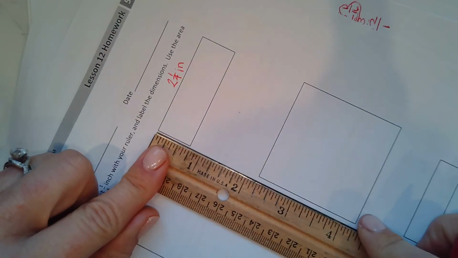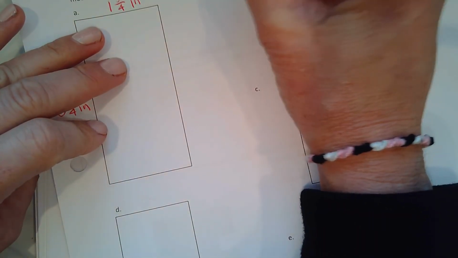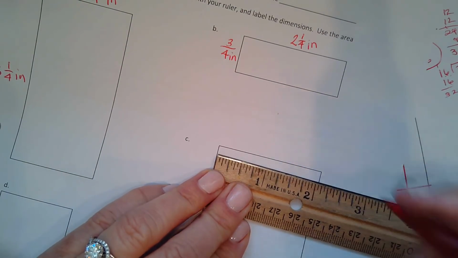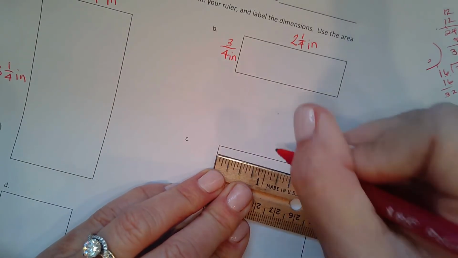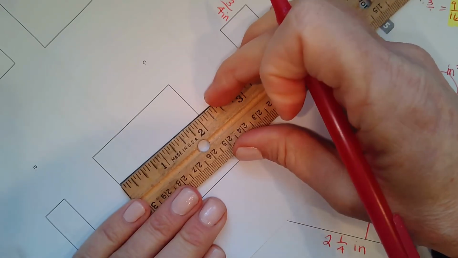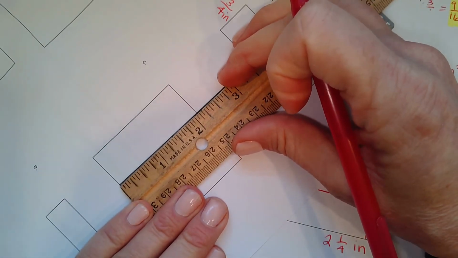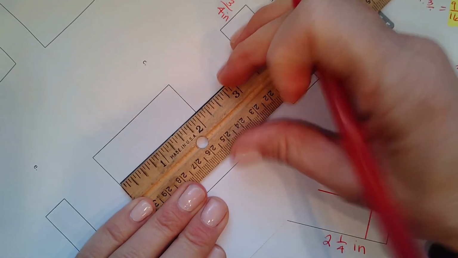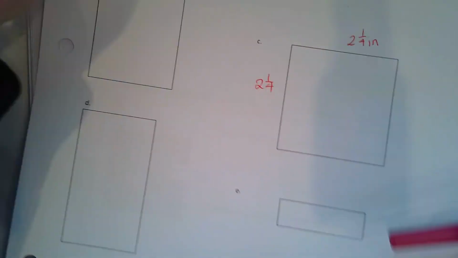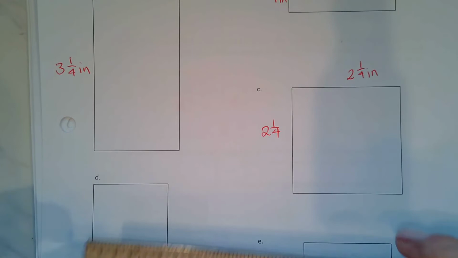This is 3/4 of an inch. This one is bigger than 2, so we're going to go to 2 1/4 by 2 1/4. So it's a true square.